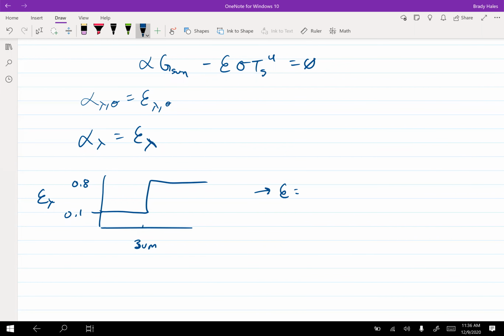In this case, we would say epsilon lambda 1 times f 0 to 3 plus epsilon lambda 2 f 3 to infinity. So we know epsilon lambda 1, epsilon lambda 2. Now remember, this is now emissivity. This is not absorptivity. For absorptivity, we use whatever temperature is coming in. For emissivity, we use whatever temperature would be emitting, right? So coming in would be the sun in this case. Coming out would be the rocket in this case.